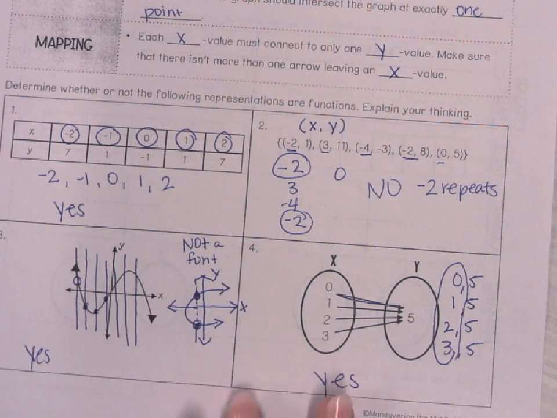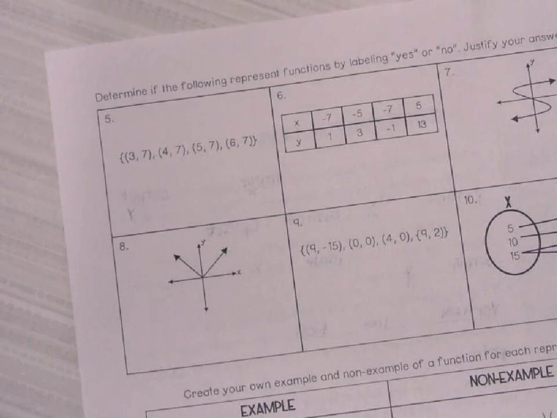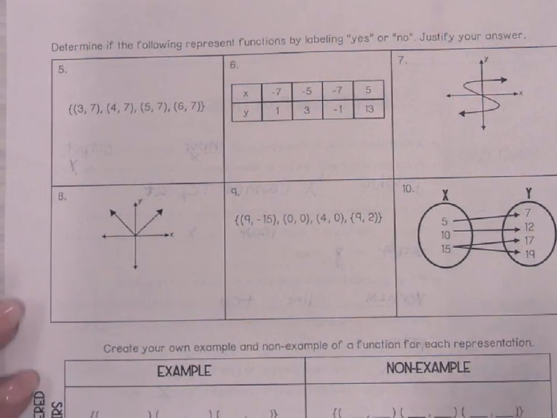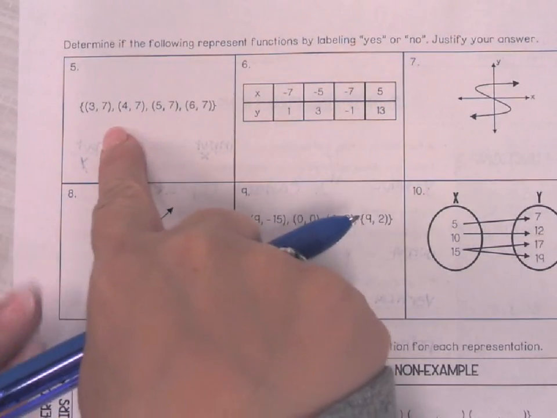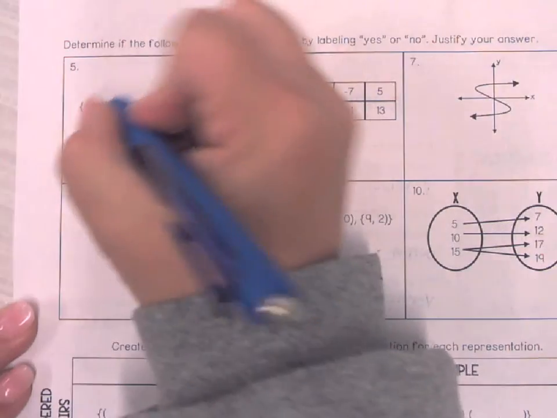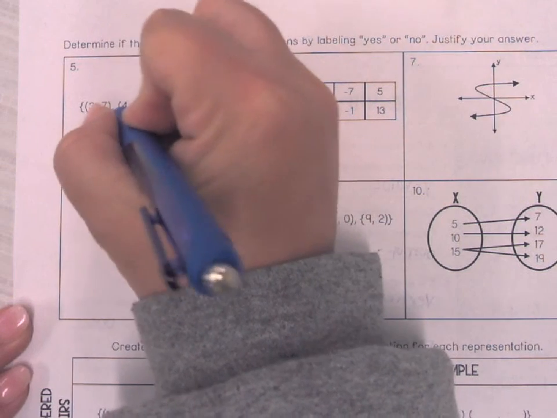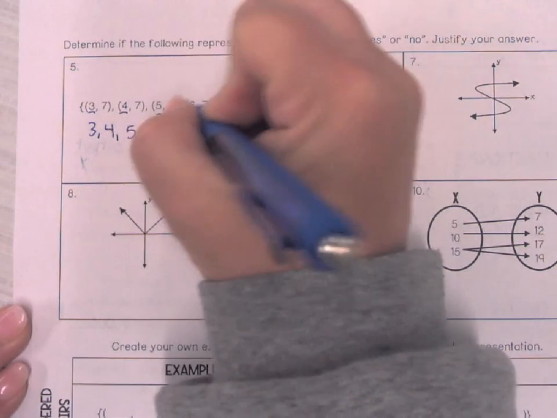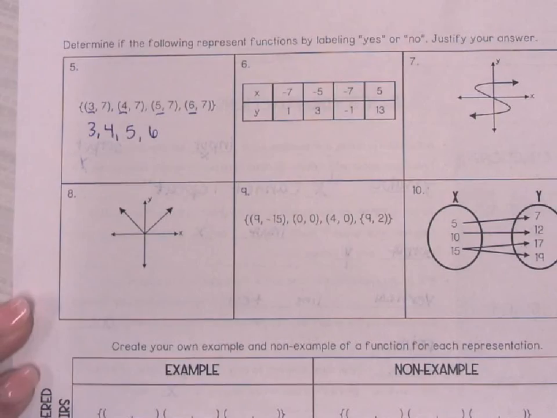Okay, let's flip our paper over and do 5, 6, 7, 8, 9, and 10 together. Okay, we're going to do these together and then you're going to have an assignment where you do it on your own. Okay, so the first one, I'm just going to write down my x values. 3, 4, 5, and 6.